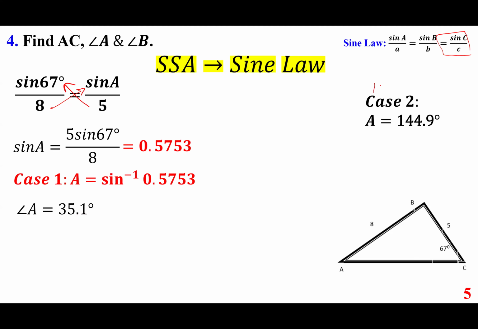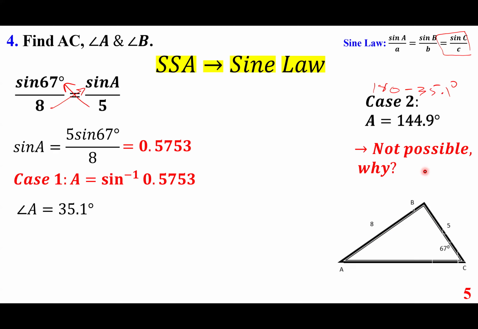So in case 2 it is 180 minus 35.1. So two possibilities: either it's 35.1 degrees or 144.9 degrees. However, when you look at the number, it is way too large, it's not possible. Why is it too large?